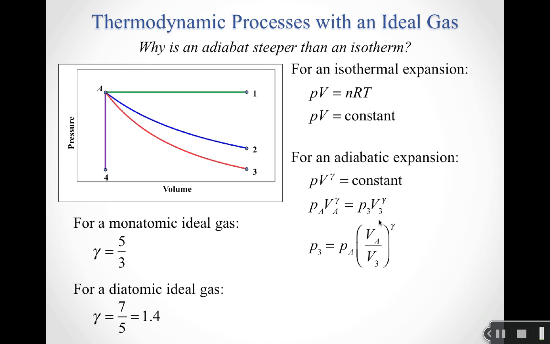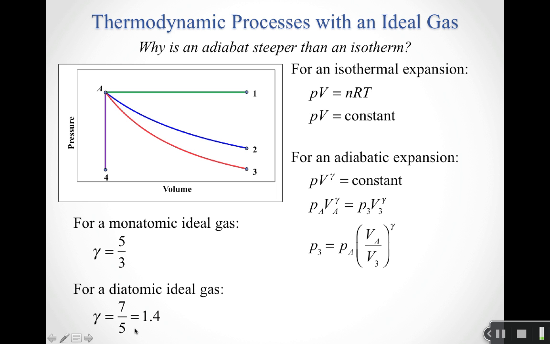So how do we know that an adiabat is going to be steeper than an isotherm? Well, we said for an isothermal expansion that pressure times volume has to remain constant. For an adiabatic expansion, we have a different rule, and it tells us that pressure times volume to the gamma has to be constant. And gamma takes a different value for different types of ideal gases. For a monatomic ideal gas, gamma is 5/3.